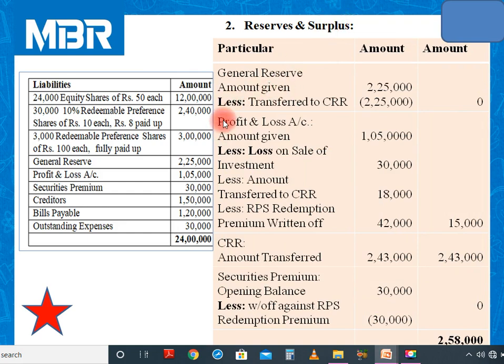Using this data and our transactions, we will calculate our reserves and surplus. First item is general reserve, 2,25,000. General reserve amount given 2,25,000. During the arrangement of the fund for capital part, we have transferred rupees 2,25,000 to CRR. So 2,25,000 minus 2,25,000 equals 0.